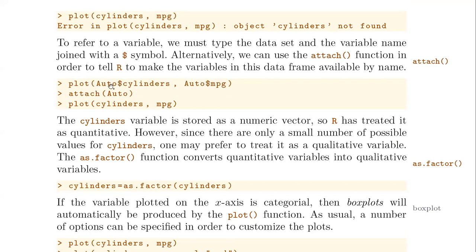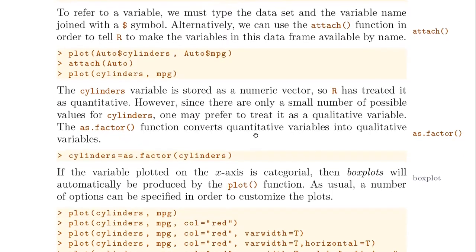If you run this line of code, attach auto, then you can omit auto dollar and auto dollar. Alternatively, we may use the attach function in order to tell R to make the variables in this data frame available by name. I wonder if there's a warning that it's not necessarily always such a good idea.